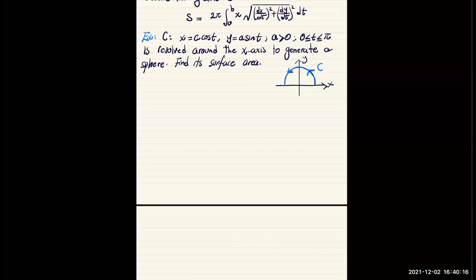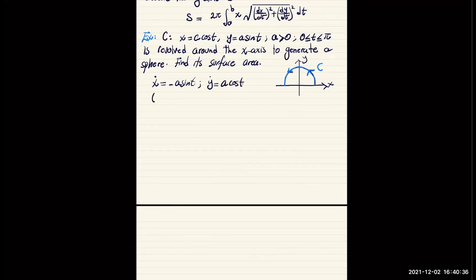So let's find the surface area. First of all, again, you need to calculate your x dot and y dot. We've done this already twice. X dot is negative a sine t, that's dx dt, and dy dt is a cosine t.